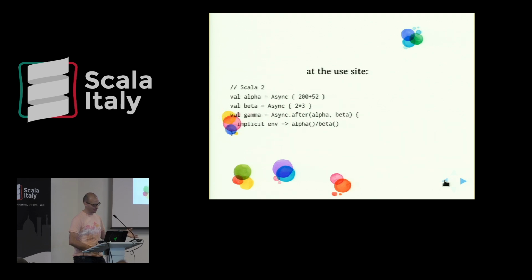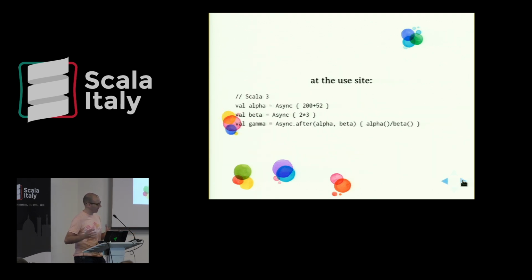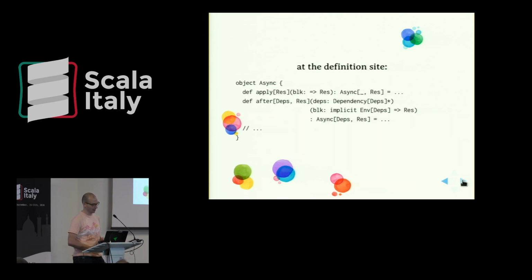I had to use this before. Now we get this. And the cost of that is at the definition site now, and it just means the addition of this implicit keyword here. So, complicated example, but the benefit that you should take away from that is that it gives us an example of a case where the syntax at the use site is somewhat simpler.